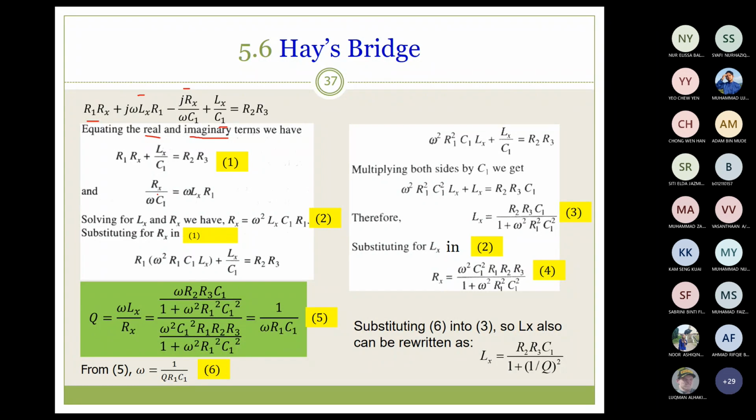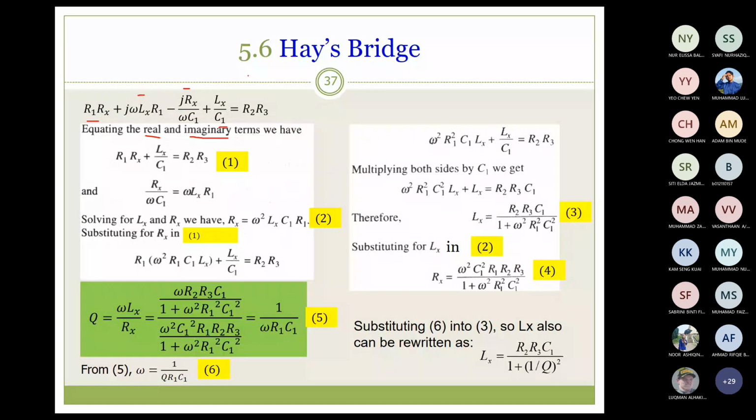For the imaginary term, Rx over omega C1 is equal to omega Lx R1. Because here there is no imaginary term on the right side, we make omega Lx R1 minus Rx over omega C1 equal to 0.